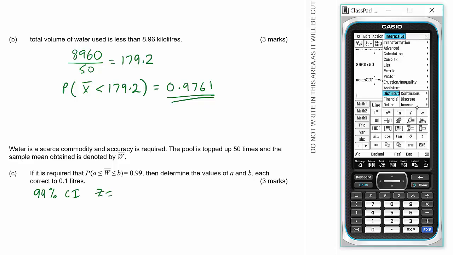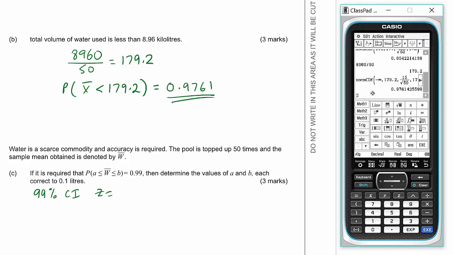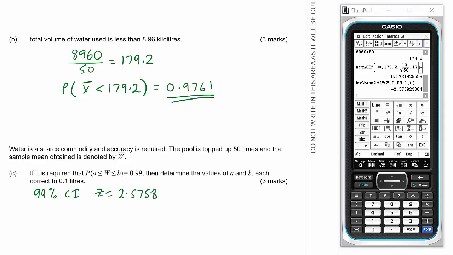So what's our Z score for that? So we want an inverse. If we go center, 0.99, and we want to leave these as 1 and 0 because it's a Z score, and that is 2.5758.